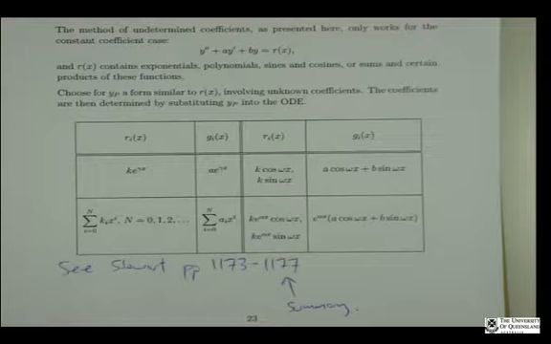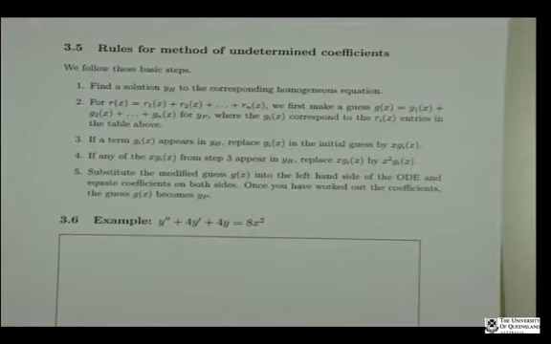All right, so I'll actually make use of this table in this outline of the method. It turns out it's not always as easy as I've made out here, although this does provide the foundation for the method.